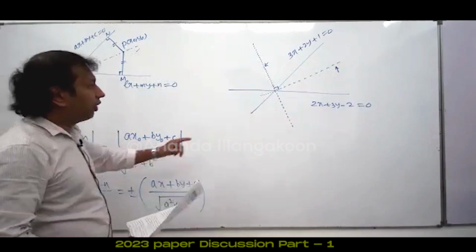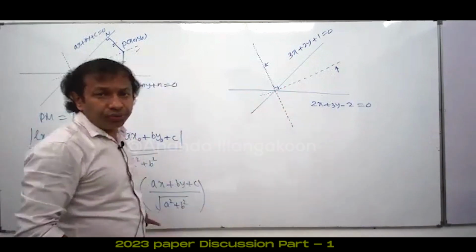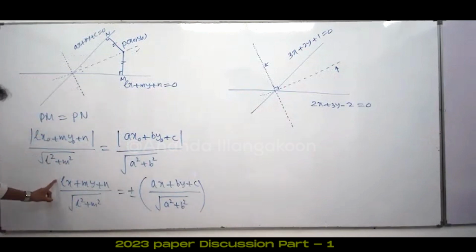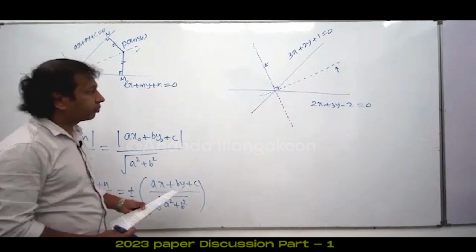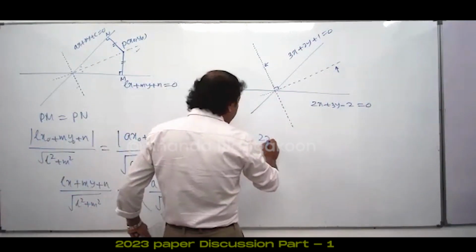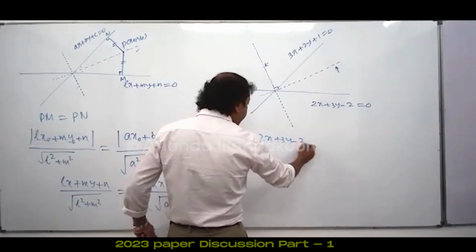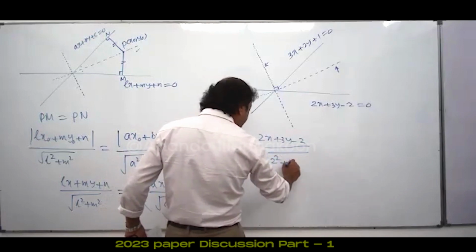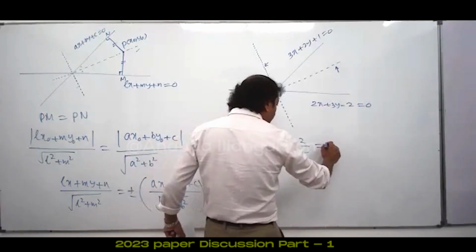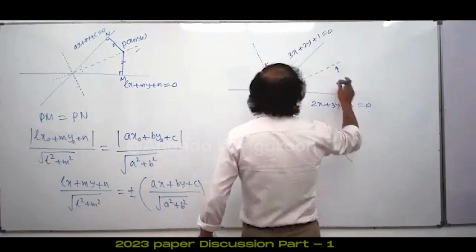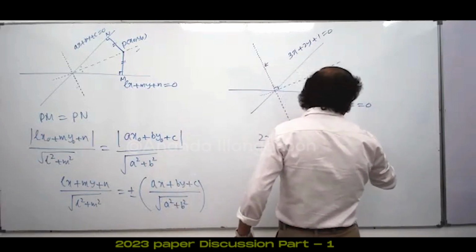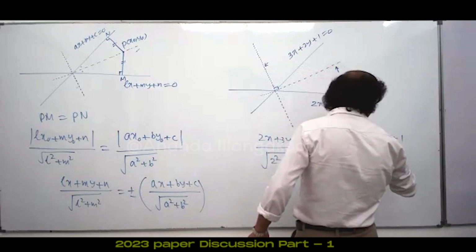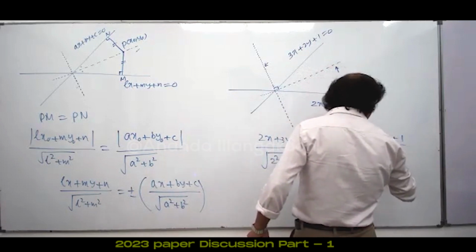Then to find these two equations, now you can use this result. What is that result? Directly follow this now: one equation divided by the square root of x coefficient squared plus y coefficient squared, plus or minus the other equation 3x plus 2y plus 1 divided by root of 3 squared plus 2 squared.